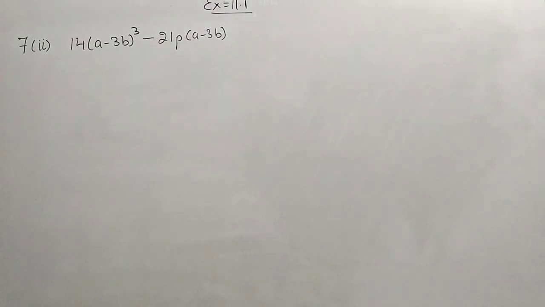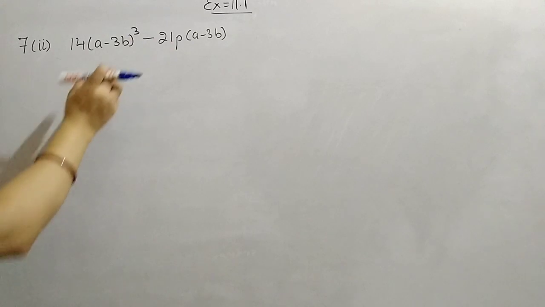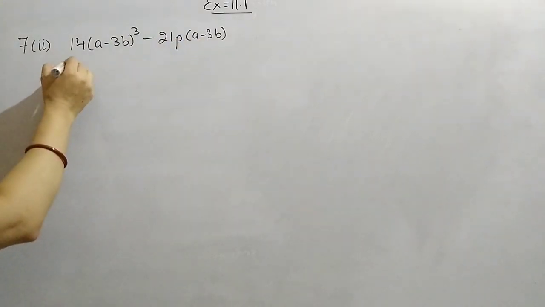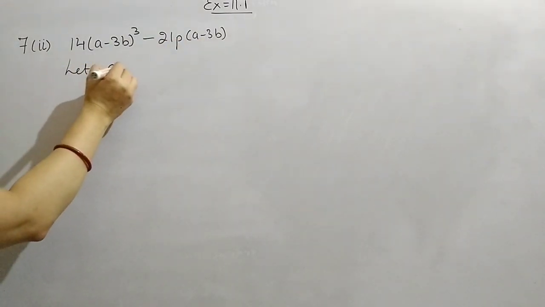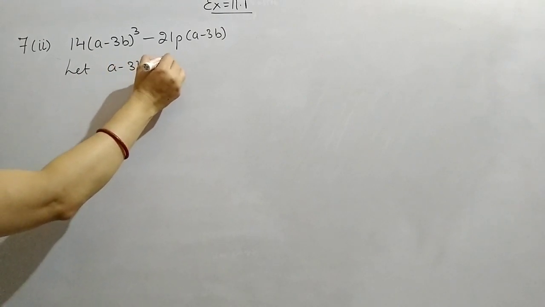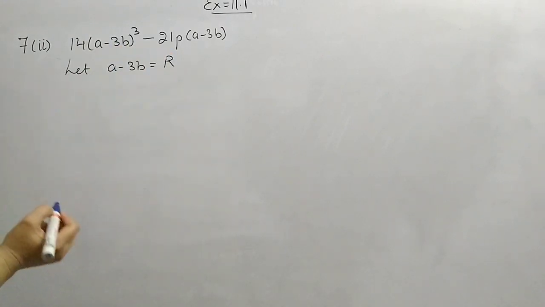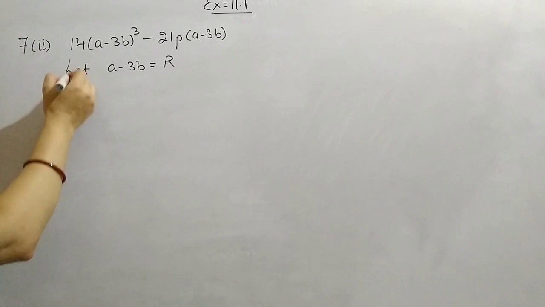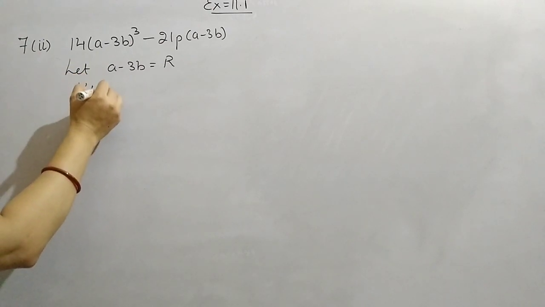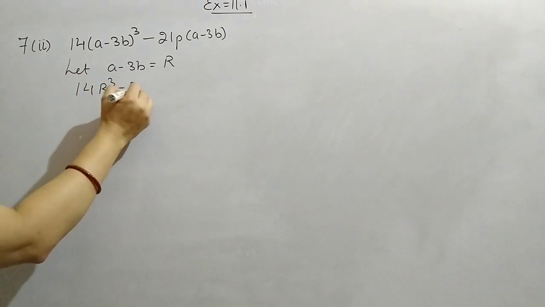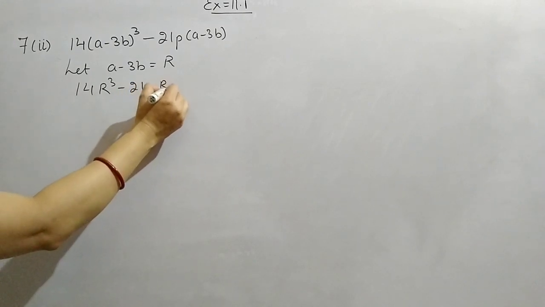Next is 17th, second part: 14(a minus 3b) whole cube minus 21p(a minus 3b). So this and this bracket are the same. Let a minus 3b be equal to r. You can take any alphabet. Now it will reduce to 14r cube minus 21pr.